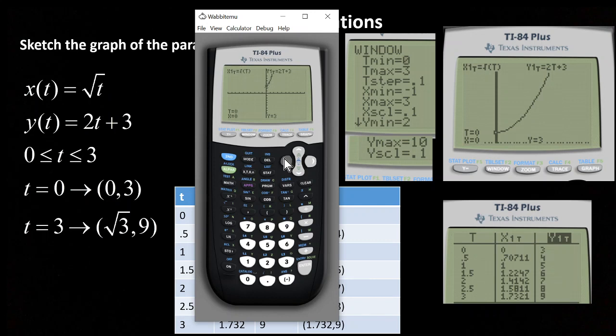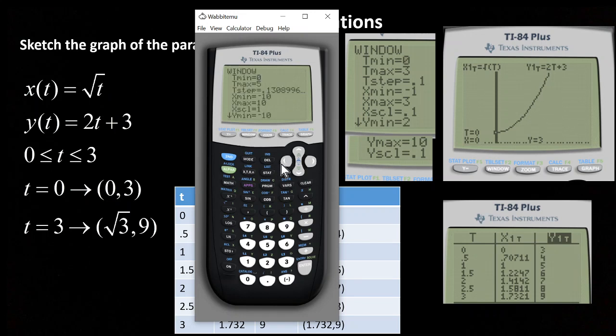You see that? So we limited t to be from 0 to 3, but when I went to zoom standard, it changed that. You can change those. So if I want to go from 0 to 5 only, then when you trace over it, you can only go from 0 to 5. But as you see, you get different points for different values of t.